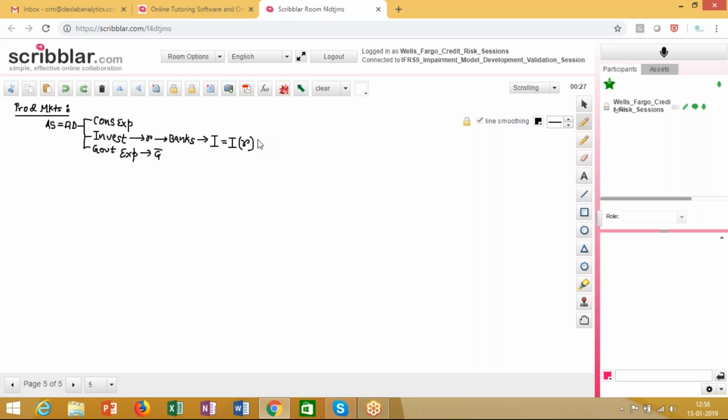What sort of a relationship should these two have? How should the investments be related to the rate of interest?